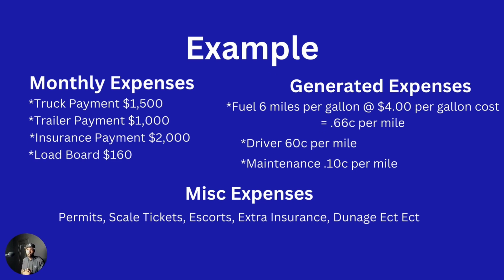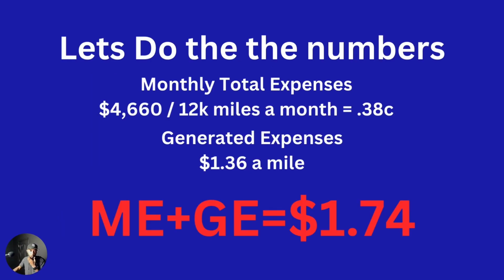Normal, average cargo insurance is right at 100,000, but sometimes they want 200, 300, 400, 500,000, sometimes a million, and you can get insurance specifically for that one load, right? And dunnage and just extra stuff that you might generate in that month. So we're not going to add that in there, but once again, you can add and take away as much as you would like.